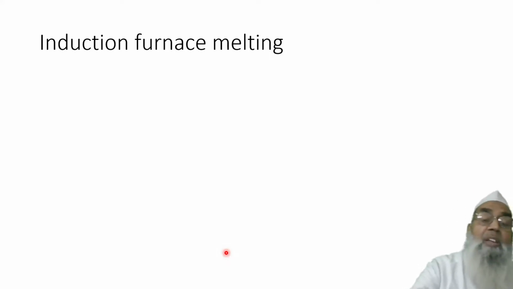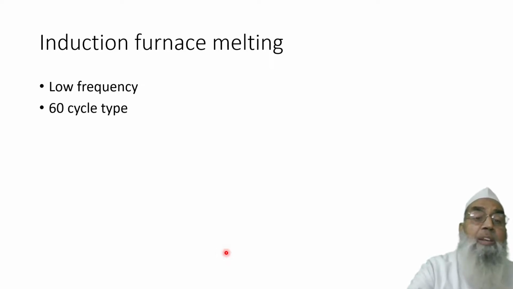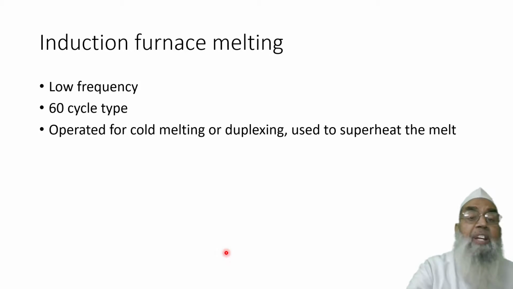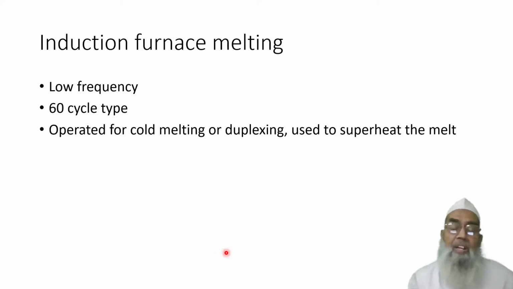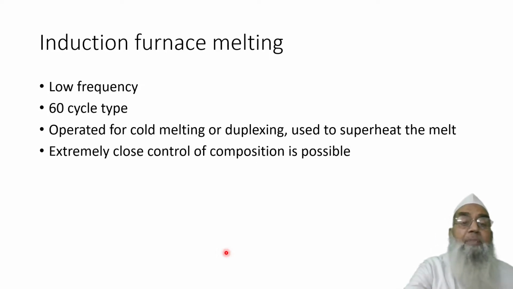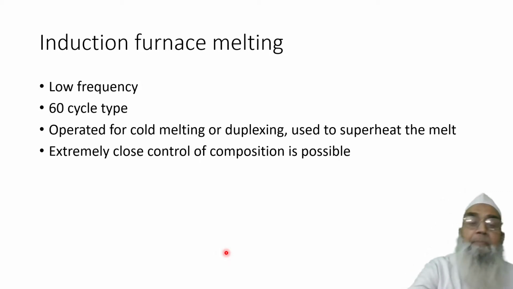Induction furnace is also being used, which may be of low frequency, up to 60 cycles per second, operated for cold melting or duplexing, generally used to superheat the melt. Extremely close control of composition is possible when we are using induction furnace melting.